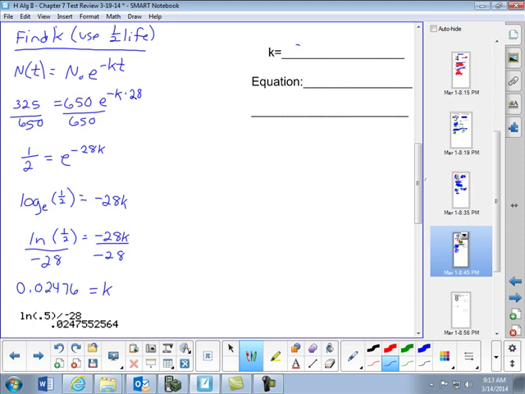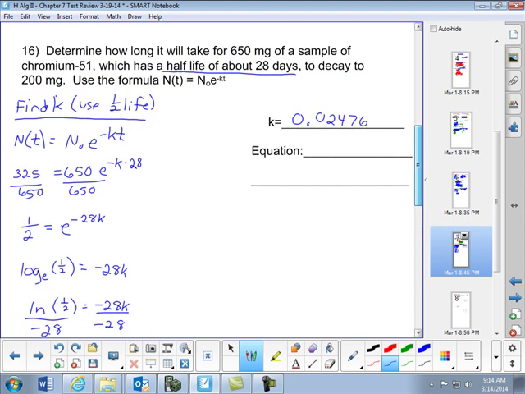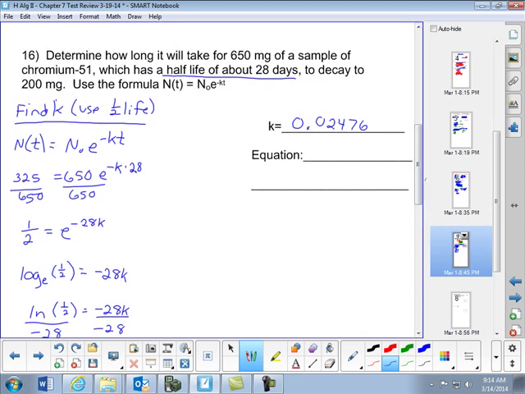Okay. So up here, k is 0.02476. Now I'm going to be very, very lenient on this for rounding since I wasn't here. So just know that I'm going to be pretty lenient on that.